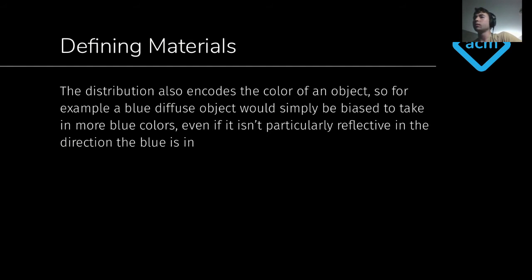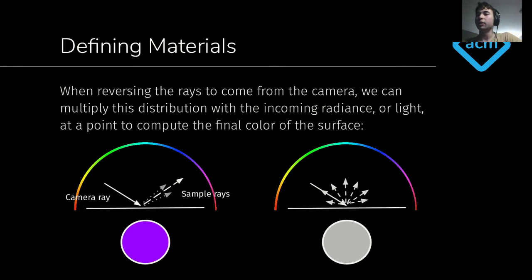One quick thing to keep in mind is that this distribution also encodes the color of an object. For example, with the diffuse distribution we had earlier, we assumed a white surface. But assuming we had 3 different sets of rays for R, G, and B colors, and we have a green object, then a diffuse green object would take in more of the green component than its red and blue rays, if that makes sense.